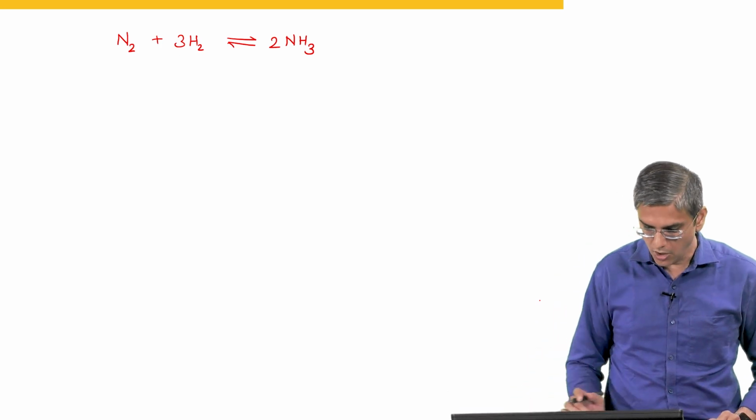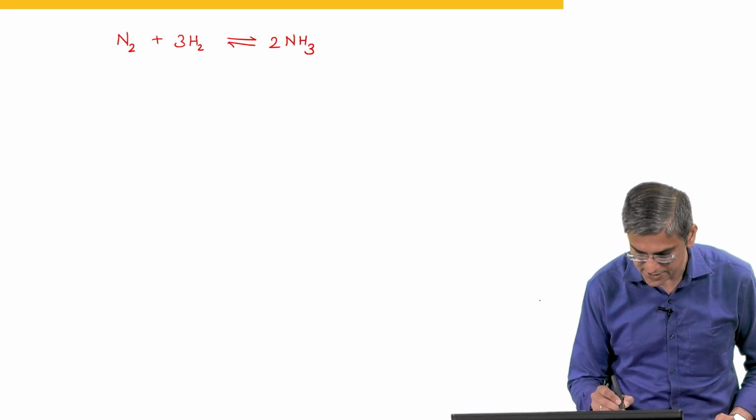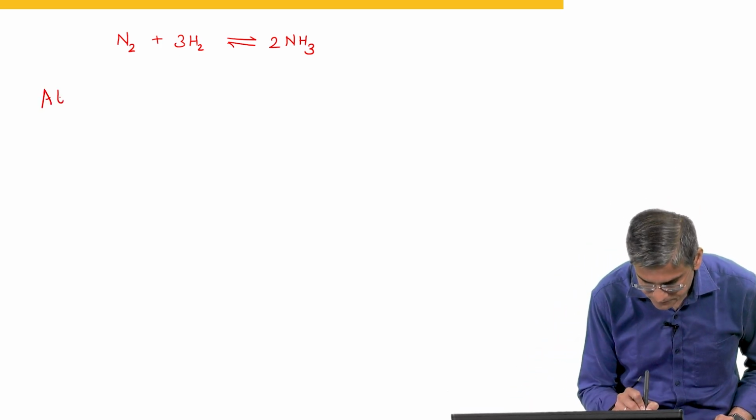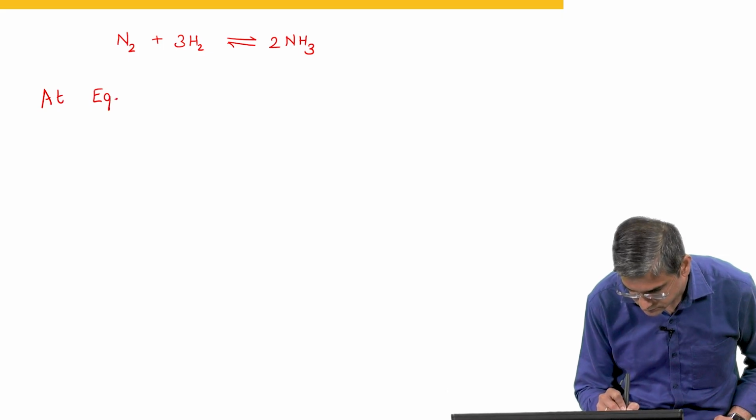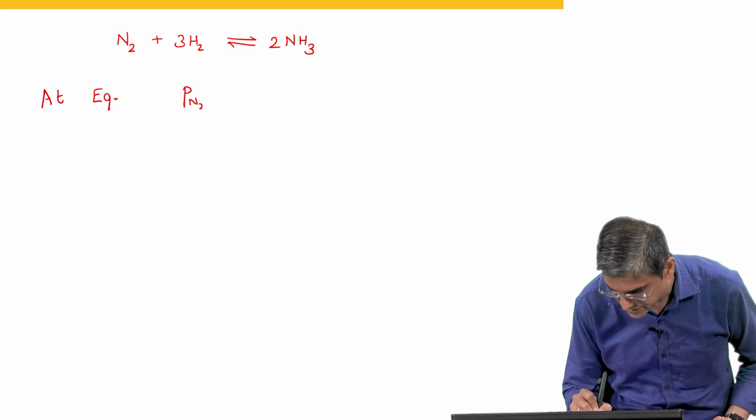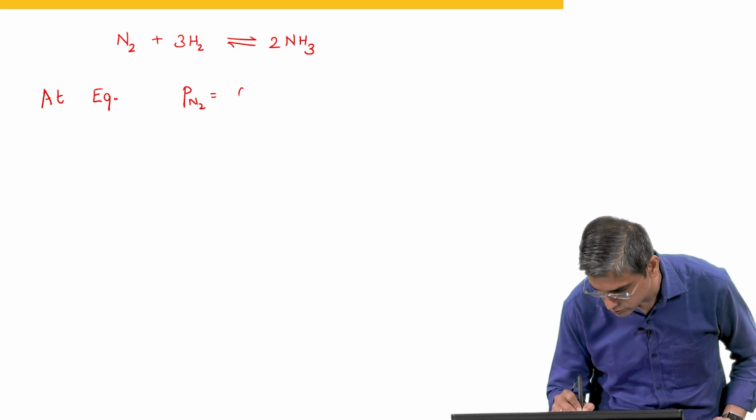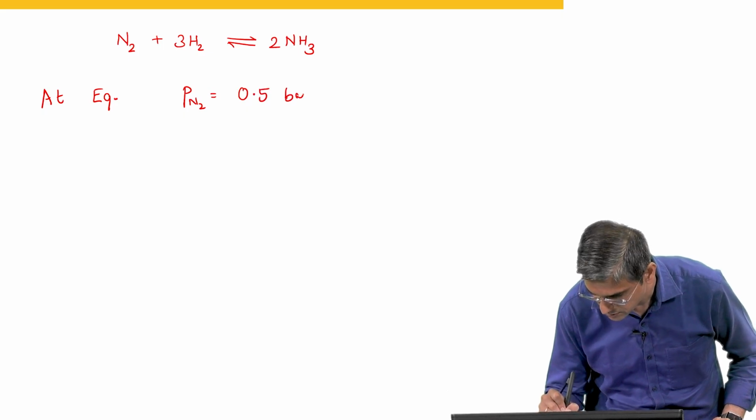All right. So, let us say that at equilibrium we have P N2 equal to 0.5 bar.